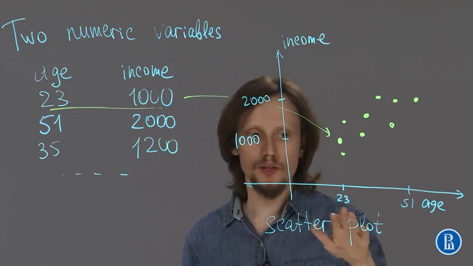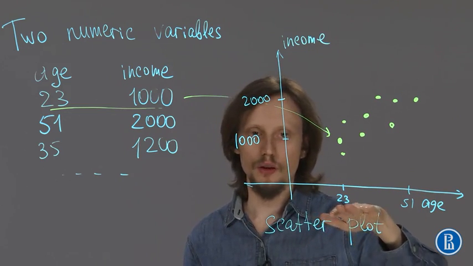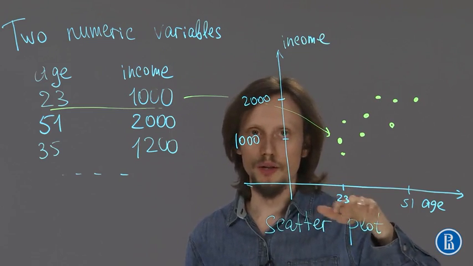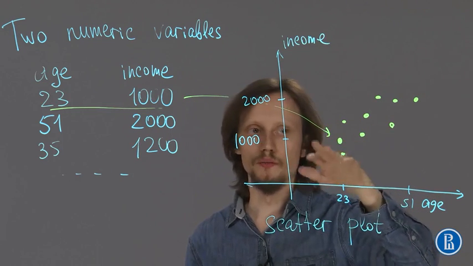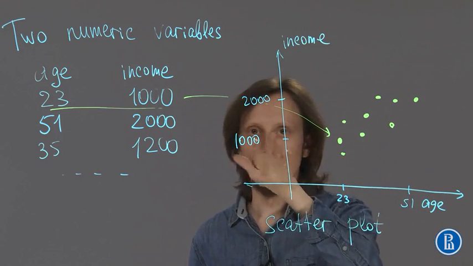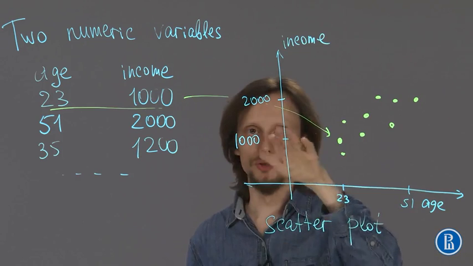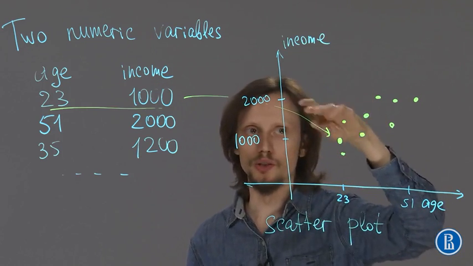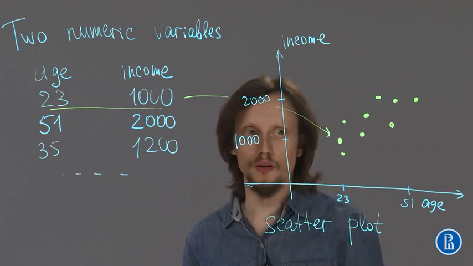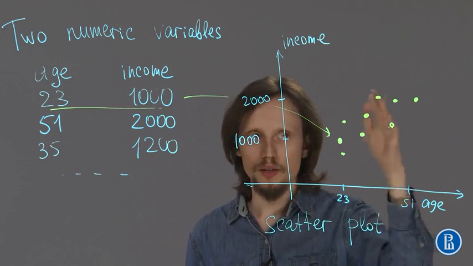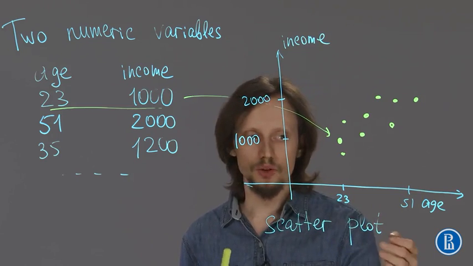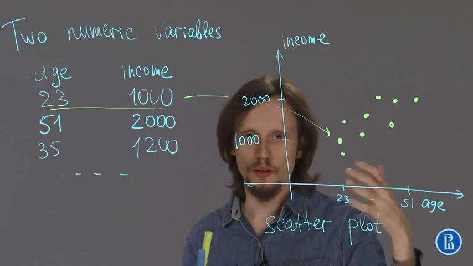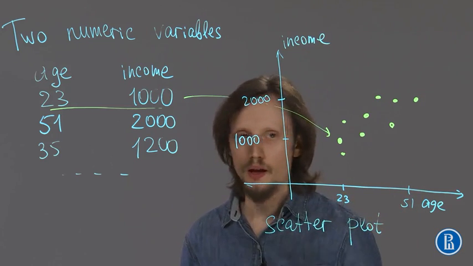And in the same way, we see that for people of age about 20, we do not have high incomes. These incomes are somewhere here at level 1000 and not at level 2000. We don't have points here. So this scatter plot allows us to say something about the relation between these two variables.